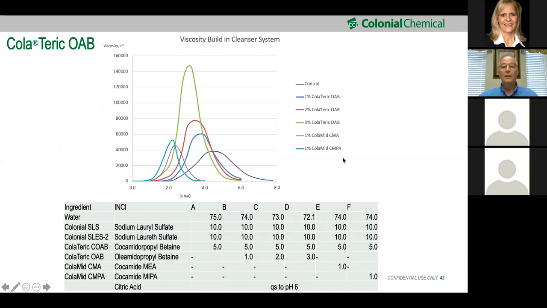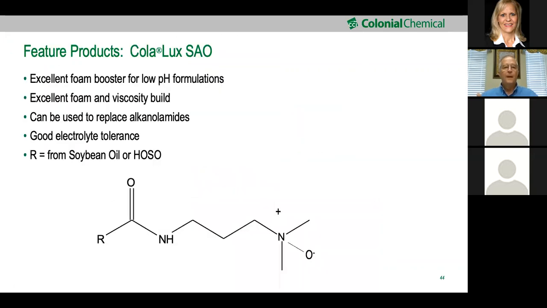But you can see as you go up to even 3%, just huge amounts of thickening provided by the Coliteric OAB. But once again, a great after feel because of the oleo group that might not be provided by something with a shorter chain length. So another good example of something that could be derived from HOSO. I think in that case, we didn't have a formula.